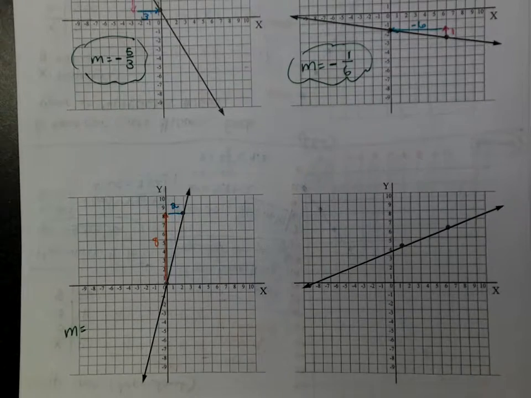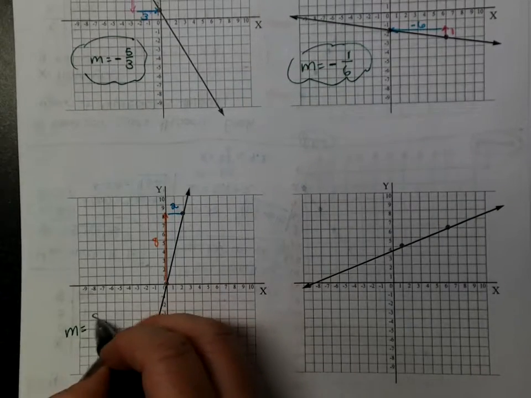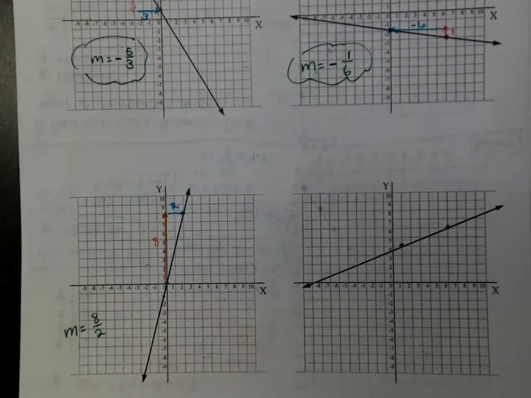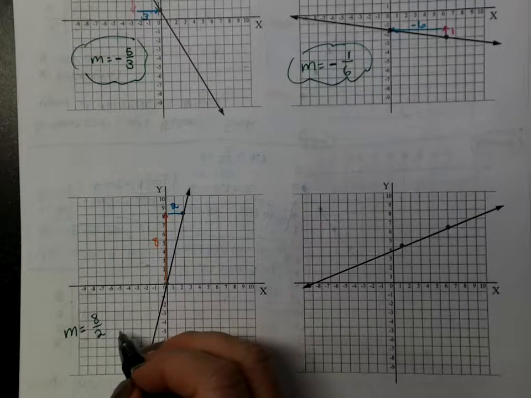So what's your slope? 8 over 2. Always put that in lowest terms.